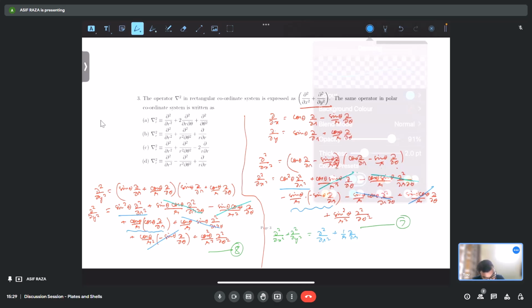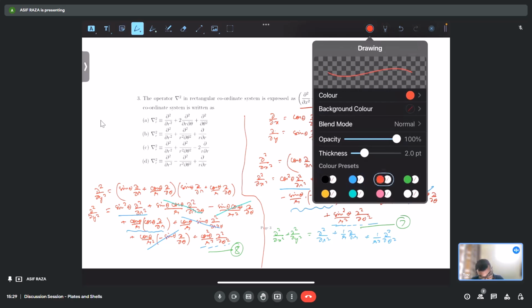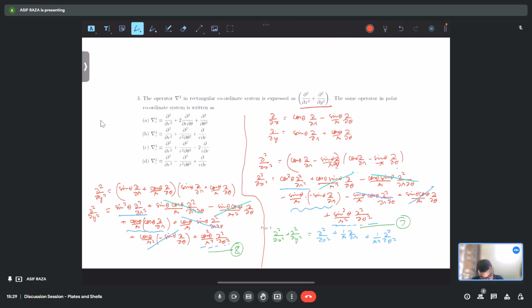We'll get for this term 1/r² ∂²/∂θ². So comparing with the options, ∂²/∂r² is everywhere, and 1/r ∂/∂r is in the second option. So option B is the correct answer.